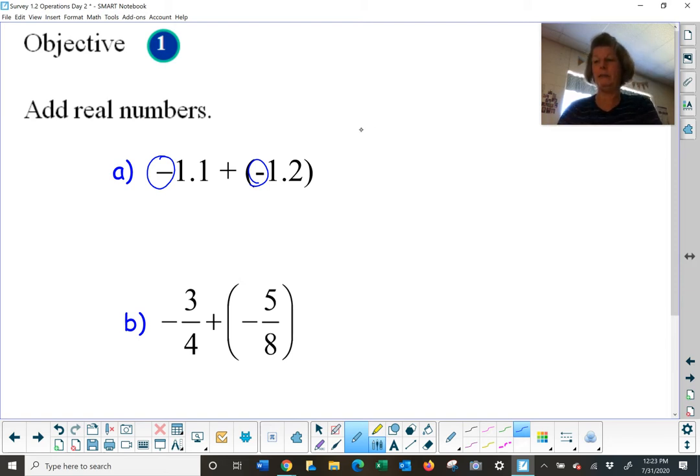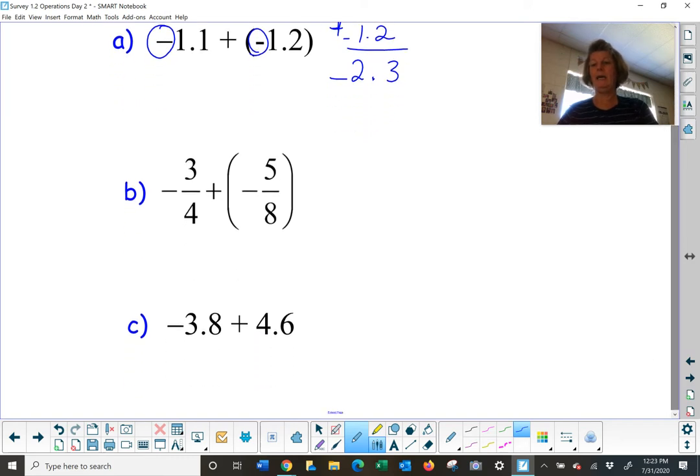So I'm going to pretend like I'm adding positives because these do in fact join together. I do know they're both negatives, but I'm in the addition mode here. Negative and negative makes more negatives. And then vertically, I aligned my decimal point to give me then 2.3.